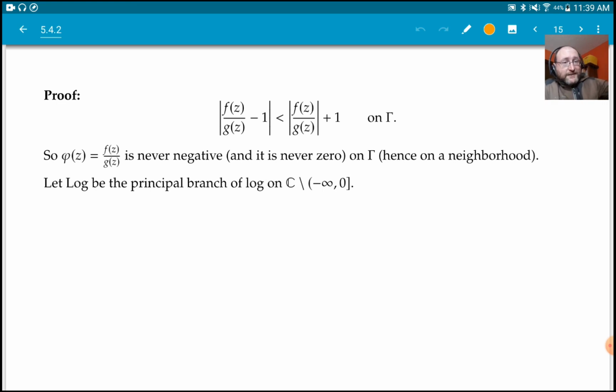Now, on the slit plane, on this guy, we can define the logarithm, right? The principal branch of the log, let's say, right? I mean, that is a simply connected domain. So we can define a branch of the log. The principal branch is the default branch of the logarithm, right? So now let's take that, right? That's a nice holomorphic function now, right?